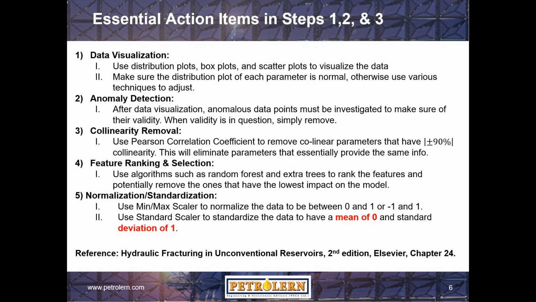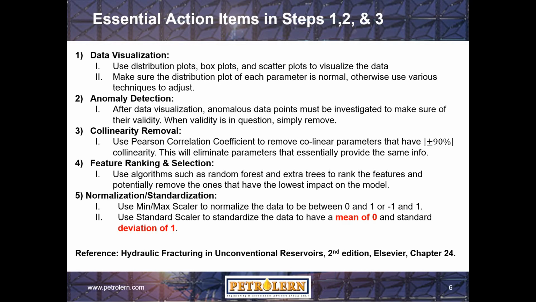So if you plot these parameters and you see a Pearson correlation coefficient of, let's say, 90 plus, 95%, then you have to remove one of the parameters.